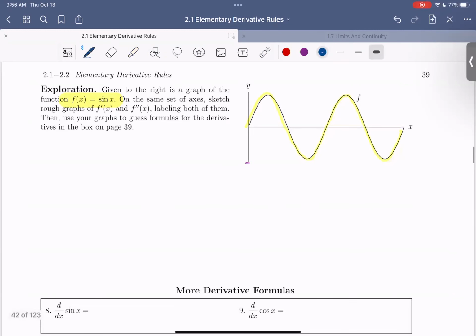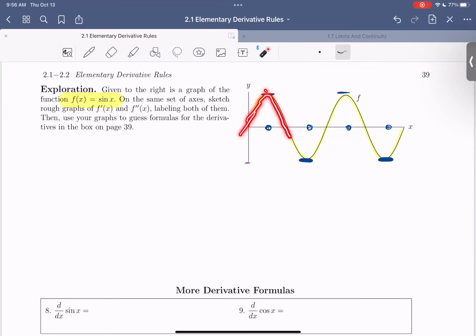So now let's compute what the derivative should look like. Well, here I can first notice some horizontal tangent lines. So my derivative is going to be 0 at those x values. Alrighty, so now what else do we see? Well, we see that our function is increasing here. So our derivative, rather, is going to be positive.